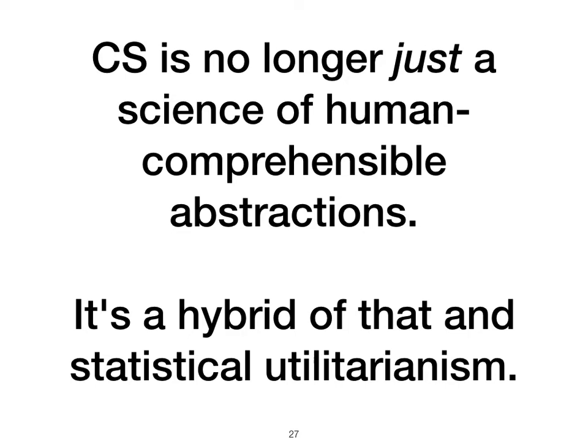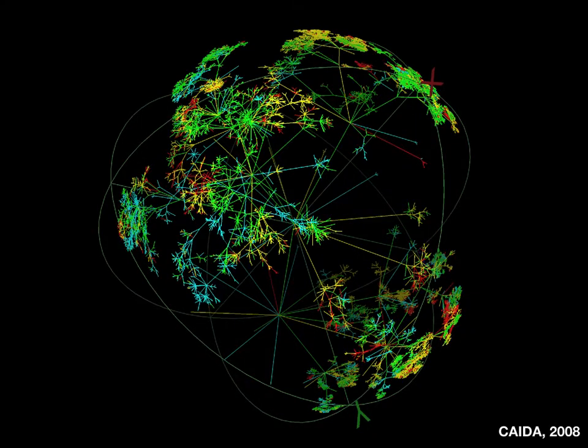It's now a hybrid of that and statistical utilitarianism, and CS education needs to grow to include the utilitarian, statistical approaches of machine learning, in addition to the abstract formalisms that have long been the core of the field. In a few minutes, I'm going to talk about how we might create visual editors that help people to grapple with this complexity by helping them to weave together symbolic abstractions alongside and in an integration with statistical models.